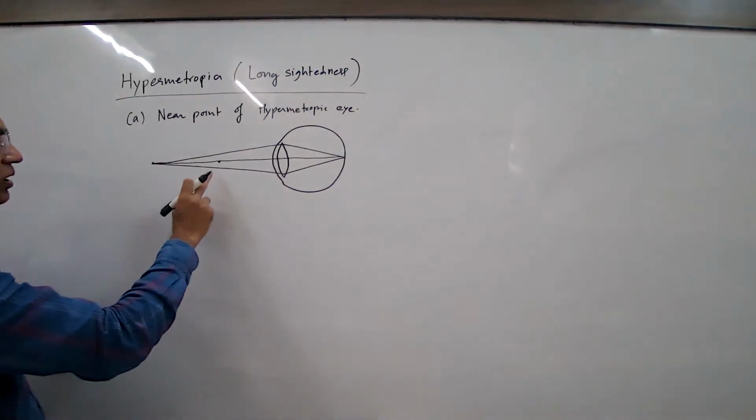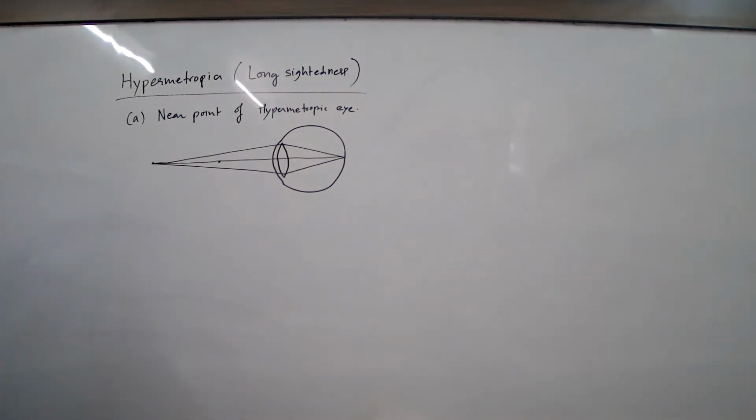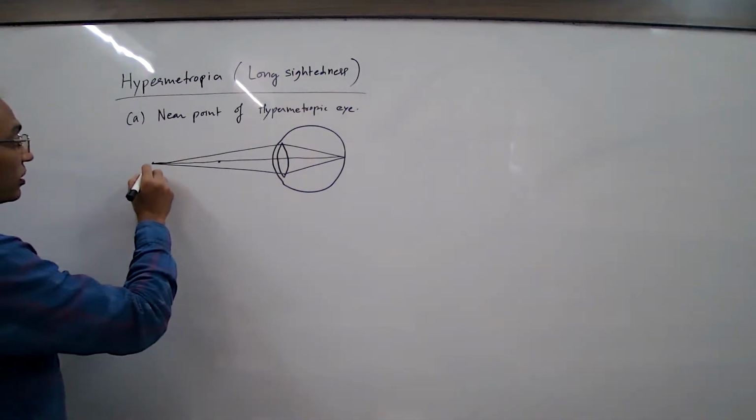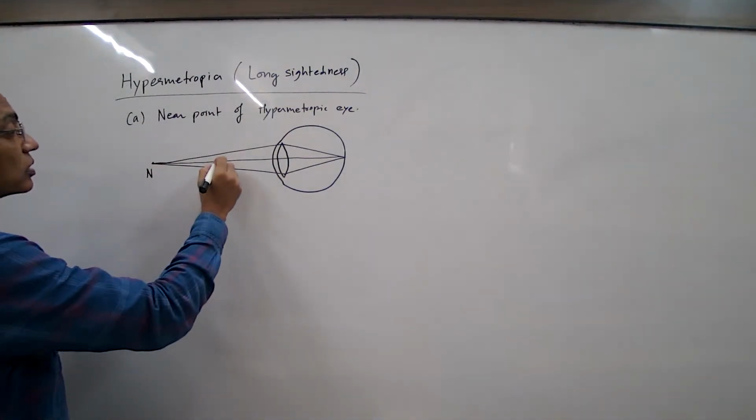For a normal eye, the near point will be here. And what is the symbol used for it? N dash. So this is N, this is N dash.